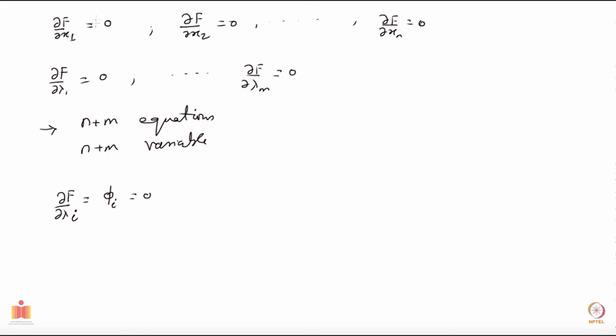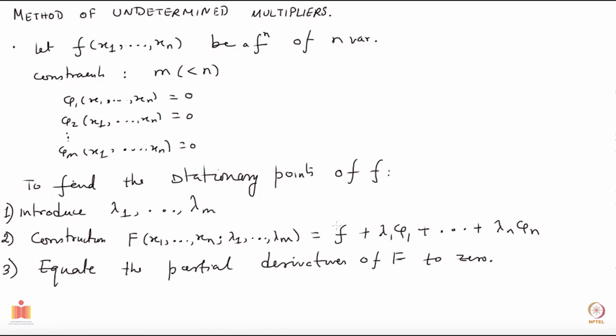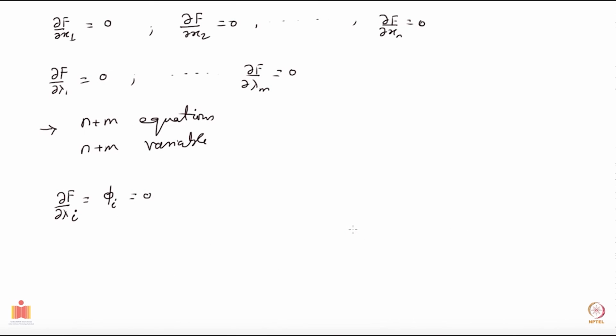And then you have the partial derivatives with respect to x1, x2, and so forth. Together with these conditions, you get back your delta f over delta x1 equal to 0, or small f over delta x2 equal to 0. That is why this system of equations provides you the stationary point of the small f together with the conditions. That's why this constitutes a solution. And these lambda i's are called Lagrange multipliers.